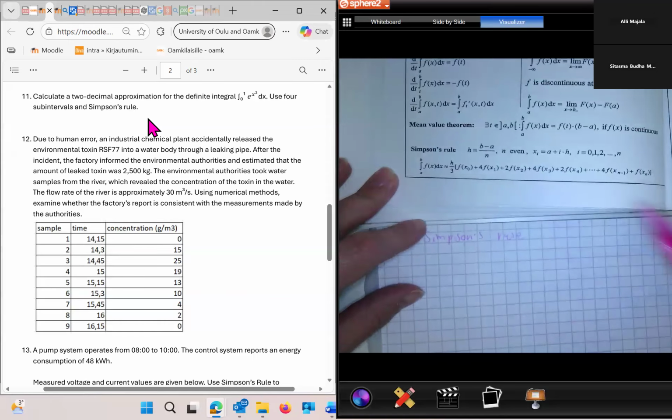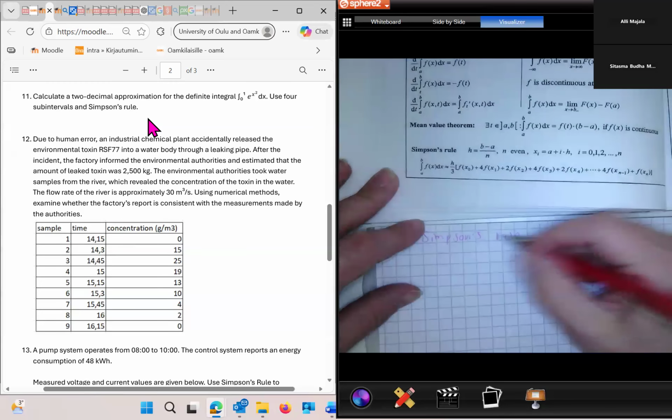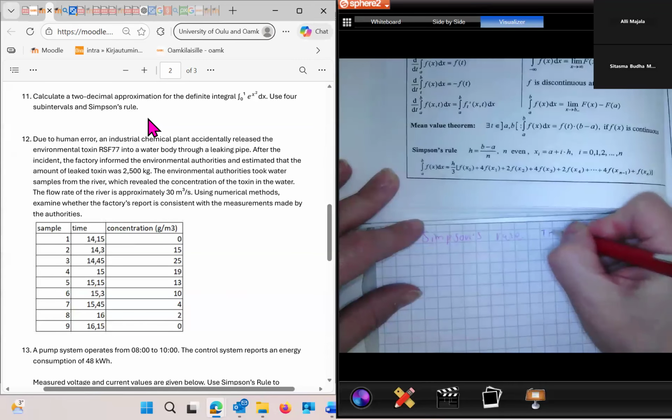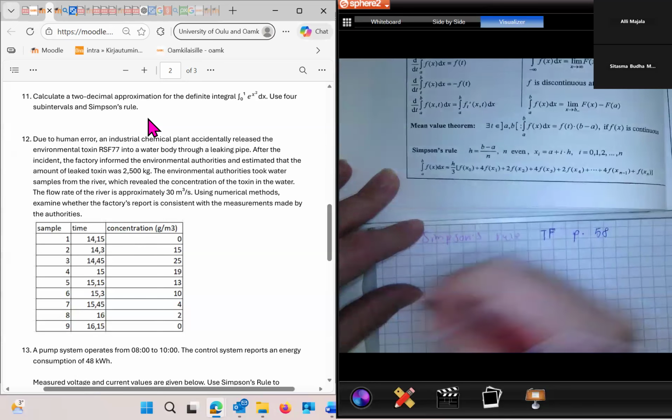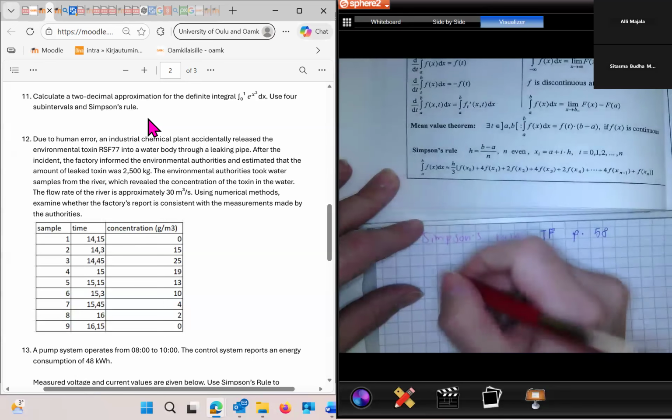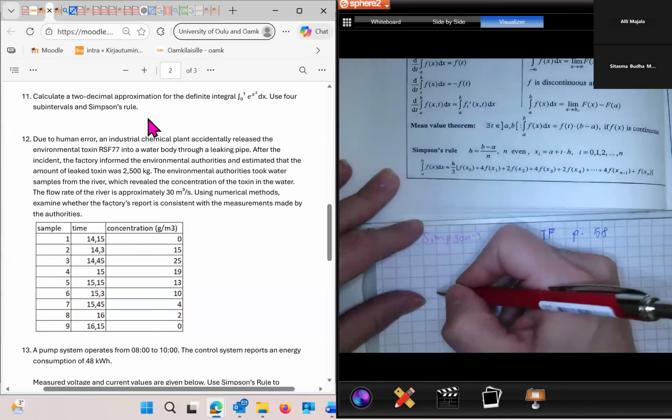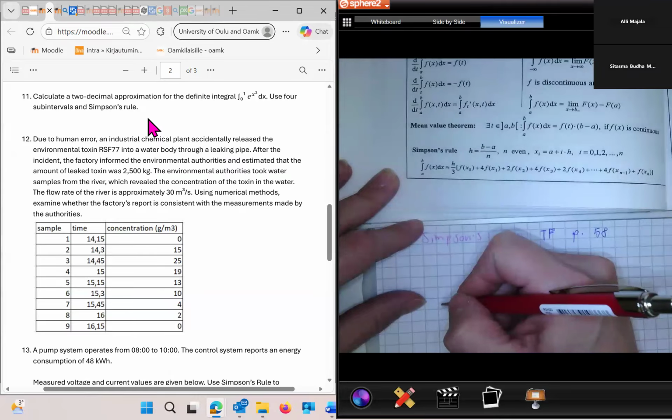Now I'm starting to lose the ink of my pen. This was in the technical formulas, page 58, and it looked pretty long.